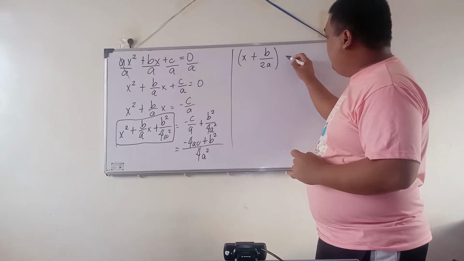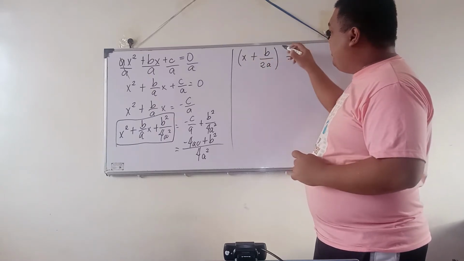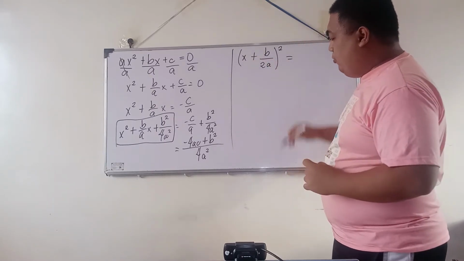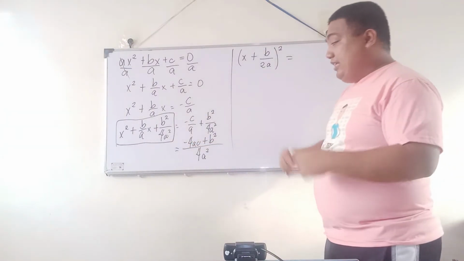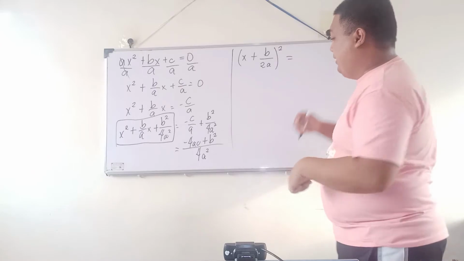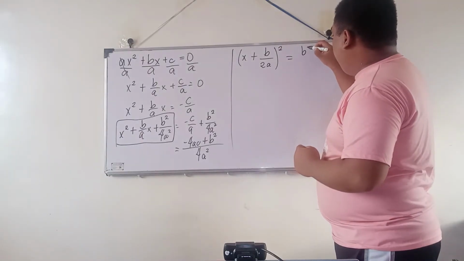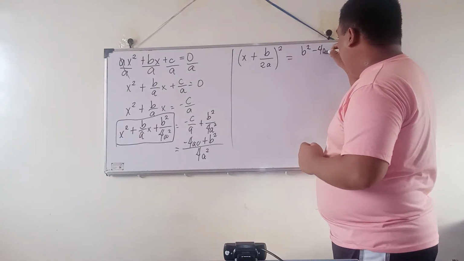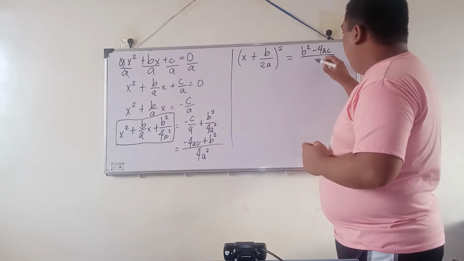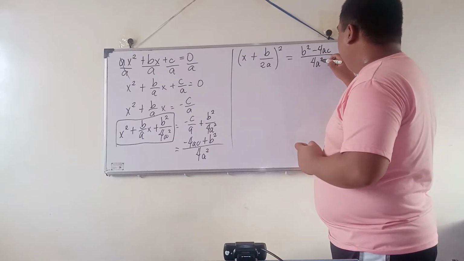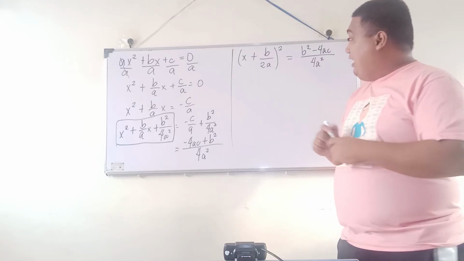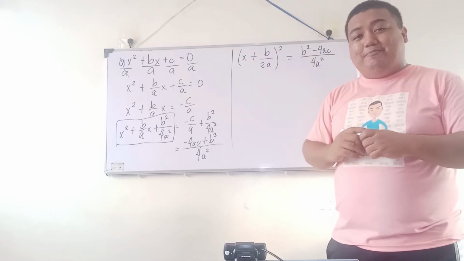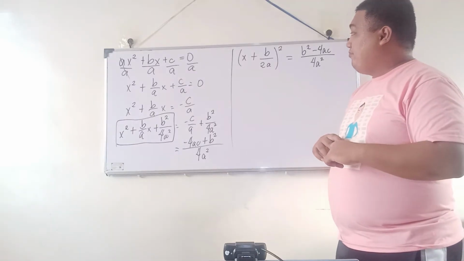So it means x plus b over 2a squared is equal to, dahil negative yan, pwede natin siya ilagay, magpalit sila ng posisyon ng b squared. So that will be b squared minus 4ac over 4a squared. So nakikita na ba natin yung isang part ng quadratic formula? Ayan, yung b squared minus 4ac.